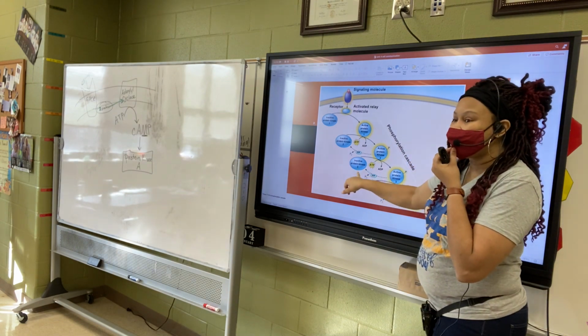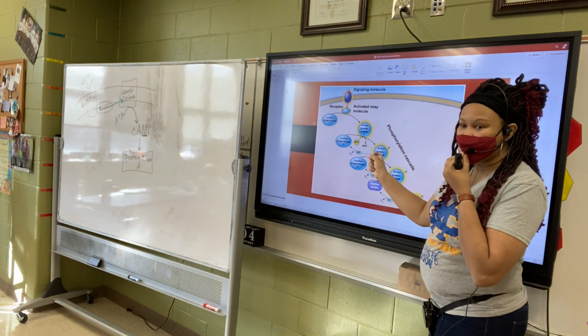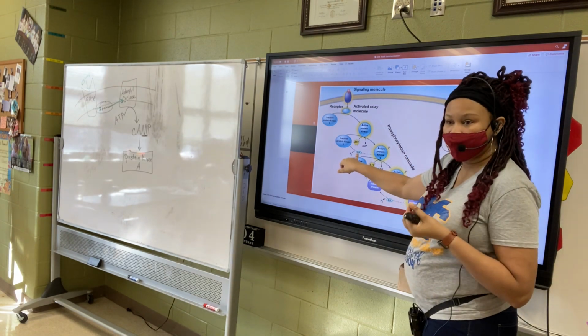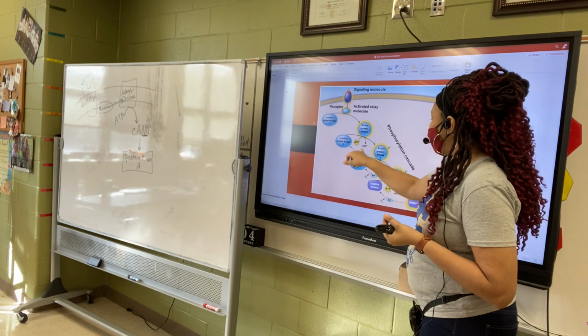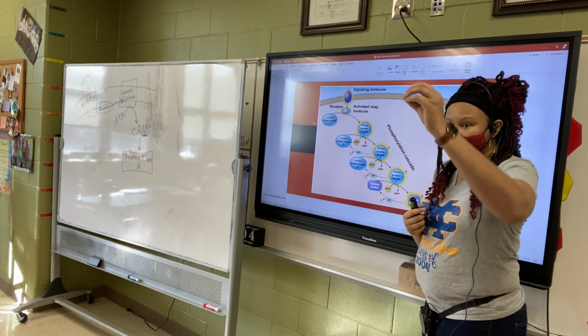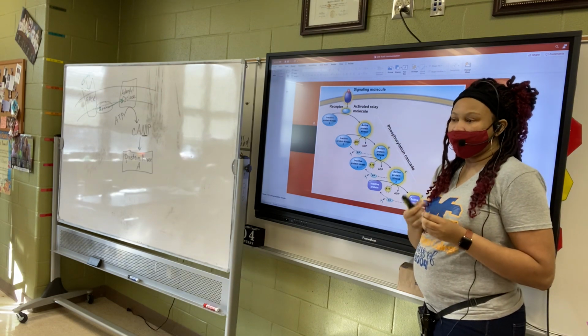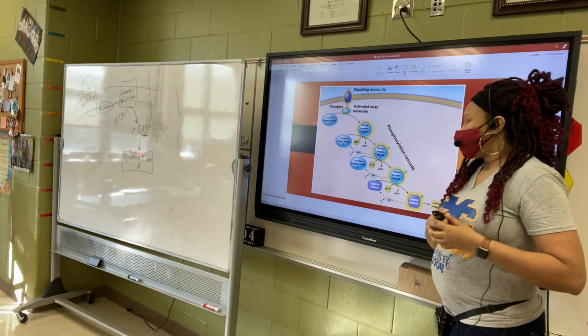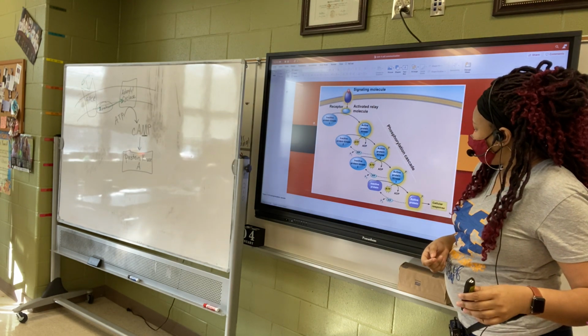Once it has done that, though, it doesn't need to stay active. It needs to be deactivated. And so that's where your protein phosphatase comes into play, because it removes the phosphate group. Because how was it activated in the first place? I added a phosphate group. How do I deactivate it? Take away the phosphate group. Is that inactive protein kinase the same thing as a protein phosphatase?